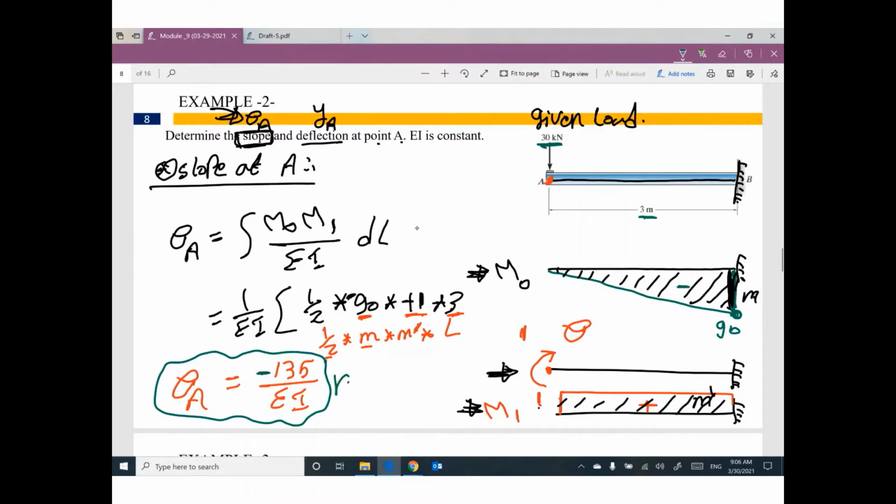This value is in radian, rotation. Theta at A equals negative 135 divided by EI. Anybody can tell me what the negative sign means?